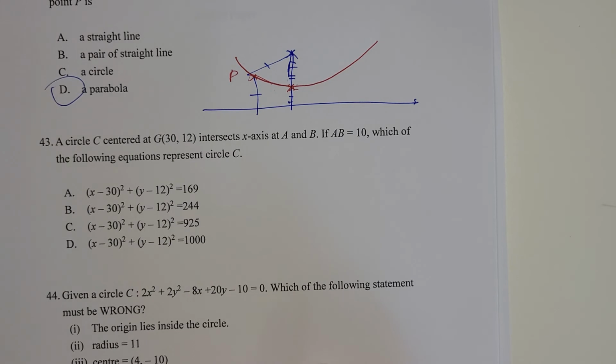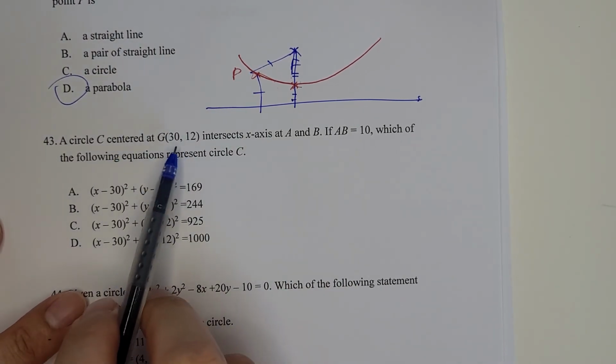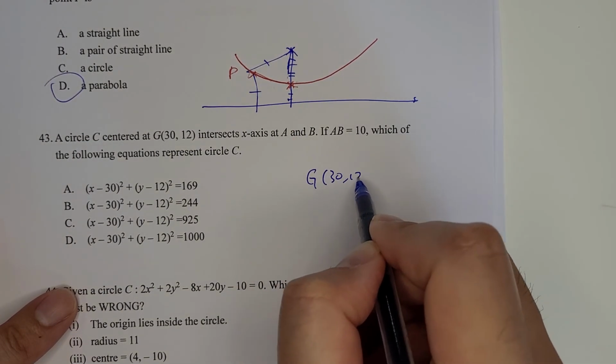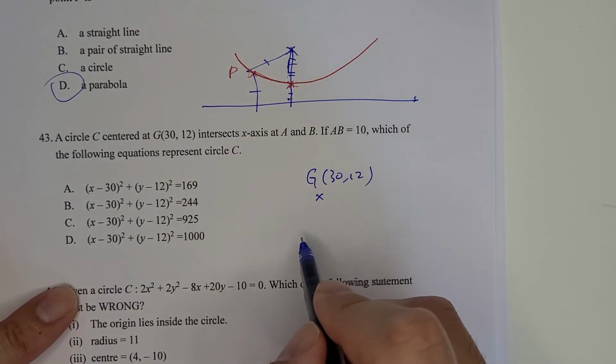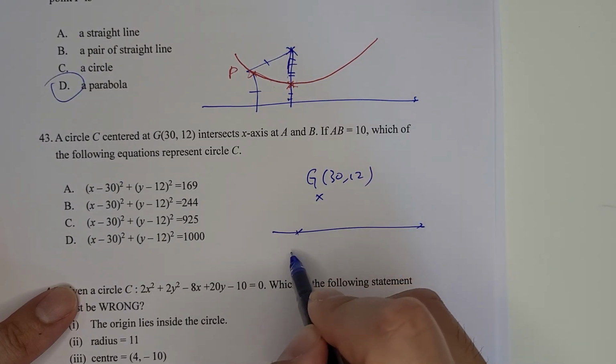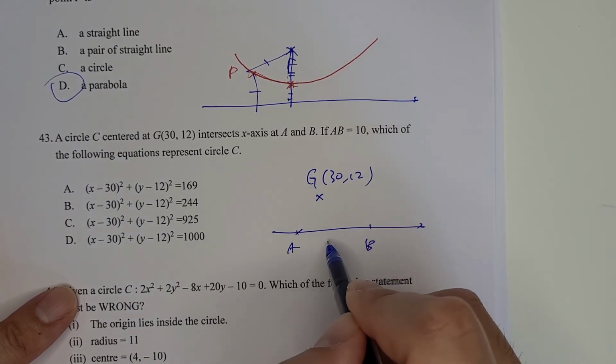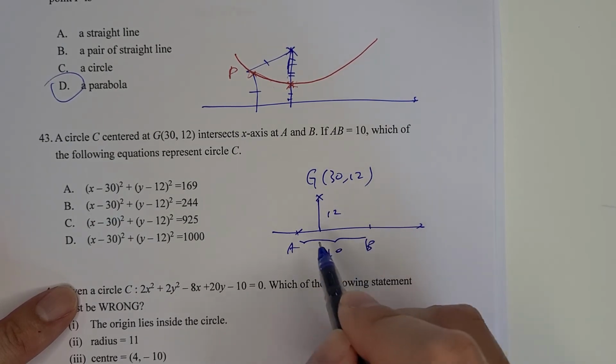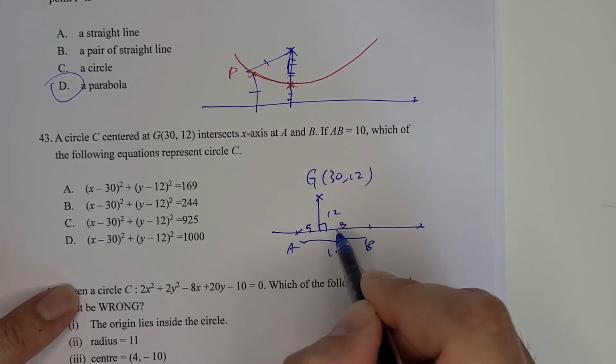So go to question number 43. A circle centered at (30, 12) cuts the x-axis at A and B. AB is 10. Here, that's 12. So half of them is 5.